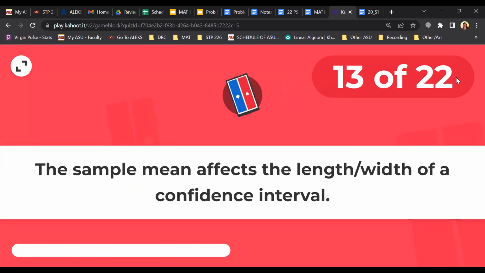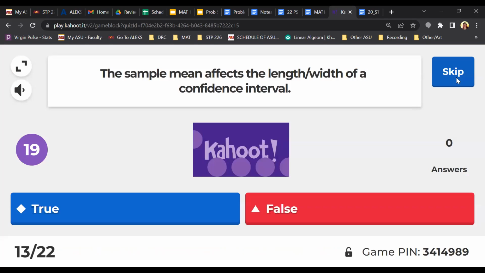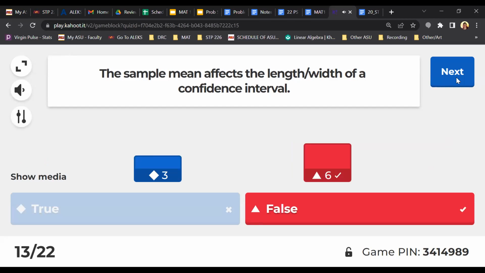True or false? The sample mean affects the length or width of a confidence interval. Pretty good, pretty good. All right.